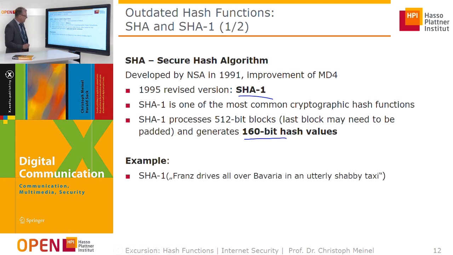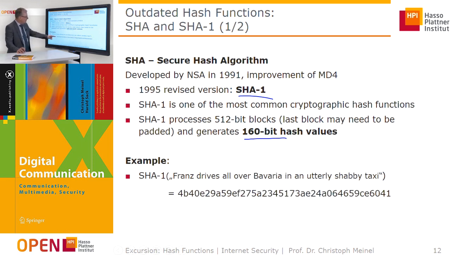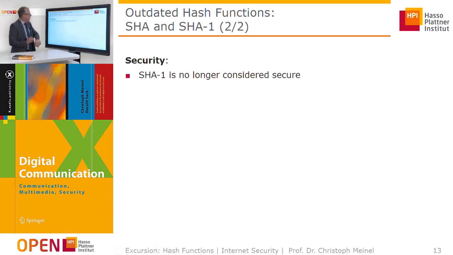To give an example, when we apply the hash function SHA-1 to the text "a friend drives all over Bavaria in an utterly suburban taxi", then the SHA-1 160-bit hash value looks like this in hexadecimal format.